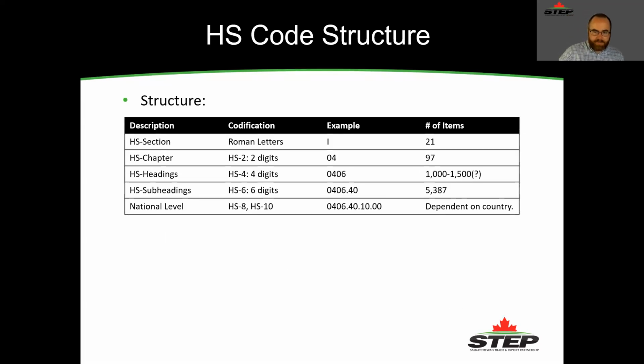So this is an example of an HS code structure. The 6-digit level, which is what you'll typically see, would be, for example, 040640. That's the code that would be the same for your product across every country once you determine what your code is, so you would start with that as your basis.